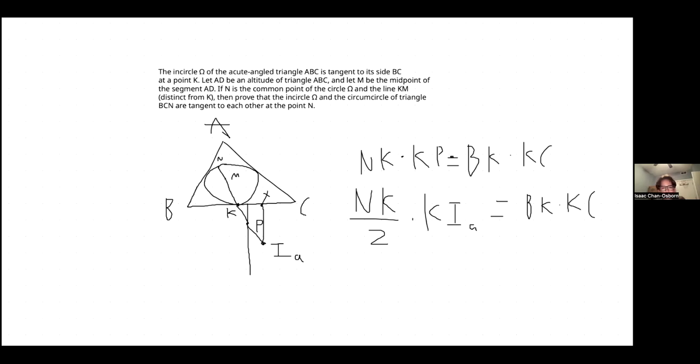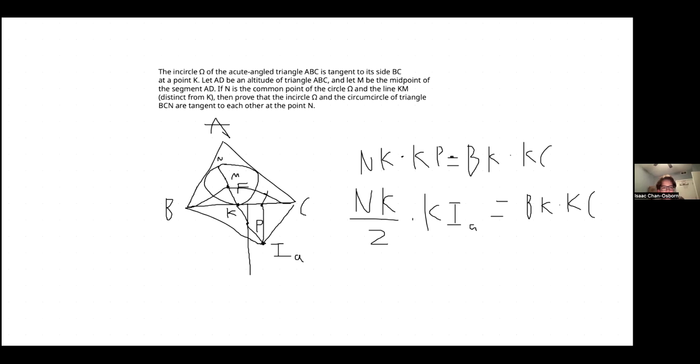Now, in order to prove this, we construct the midpoint F of NK. And because our goal is to prove that FBIAC is cyclic, we must look at the circumcircle of BCIA.